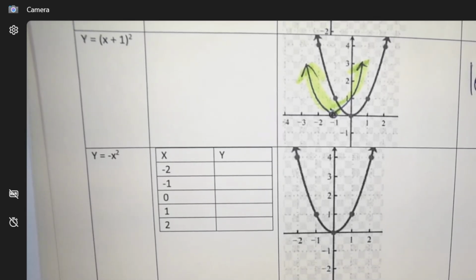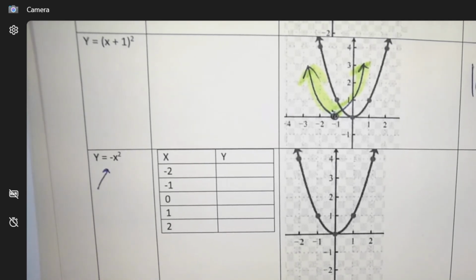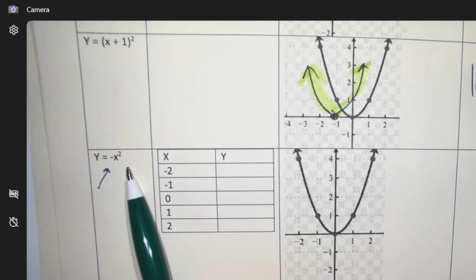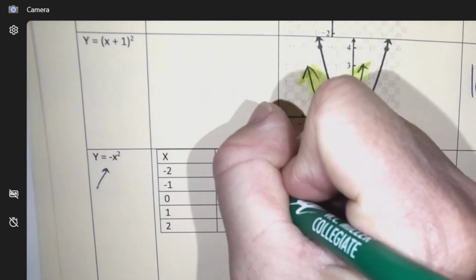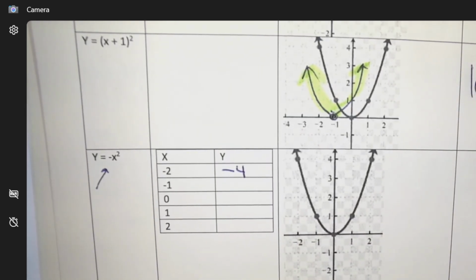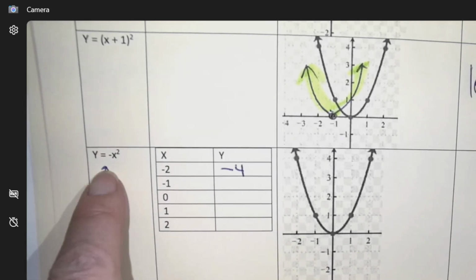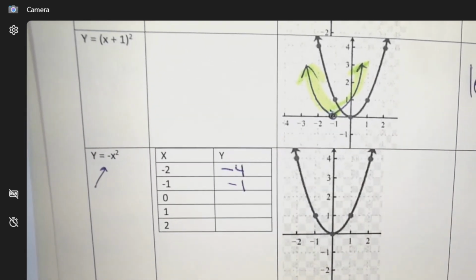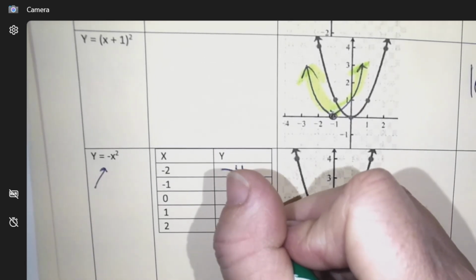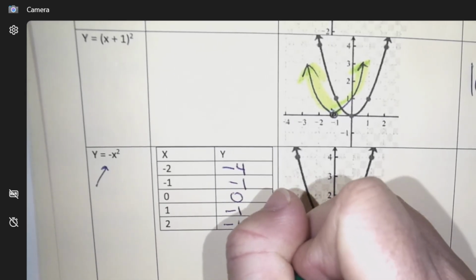Okay, next. This time I have a multiplier. Okay, so we're going to go, what is negative 2 squared? So 4 multiplied by negative 1. Negative 1 squared, so I'm at 1, multiplied by negative 1. 0, negative 1, negative 4.